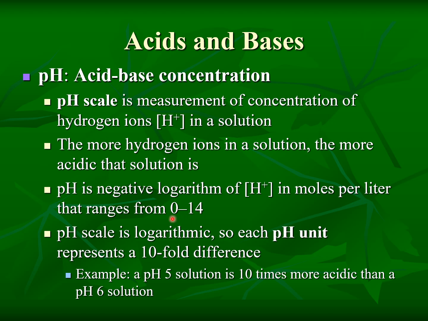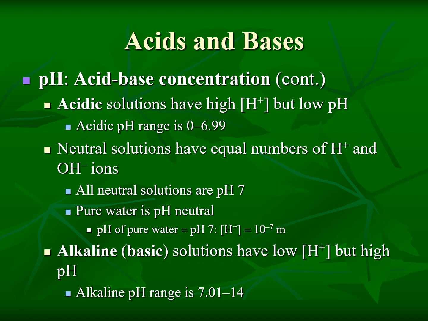The pH scale you need to be familiar with goes from 0 to 14. Acids are going to have a pH range of 0 to basically 6.99. So if it's less than 7, it's an acid. If it's at 7, it's considered a neutral solution.